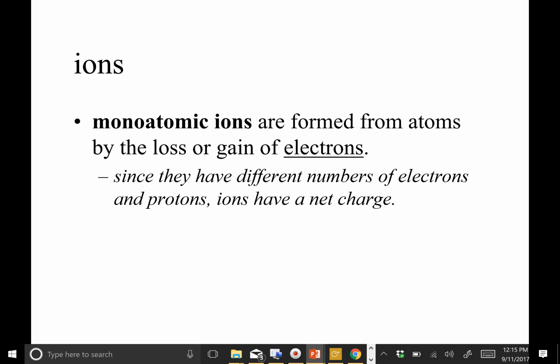I'll tell on myself, years ago, I'd wonder: I know there are positively charged and negatively charged species we call ions, but do they lose and gain electrons or do they lose and gain protons? I know it's a small thing, but if you picture an atom, they're not going to lose and gain protons. They're going to lose and gain electrons because they're the outermost subatomic particle.